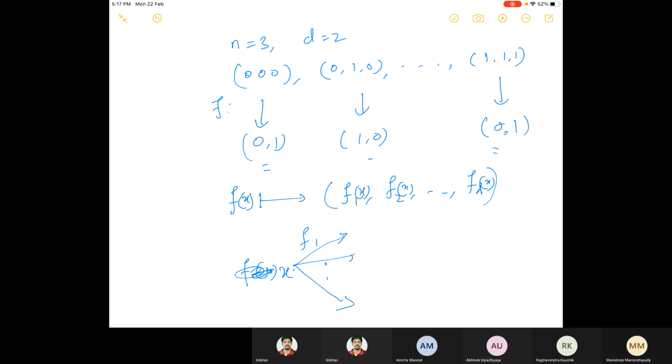So given any kind of Boolean function like that, we can always say that it can be decomposed into functions f1, f2, up to fd. And classical computation entirely depends on that. So if you want to compute this kind of function, you have to compute these individual functions f1, f2, dot dot dot fd.